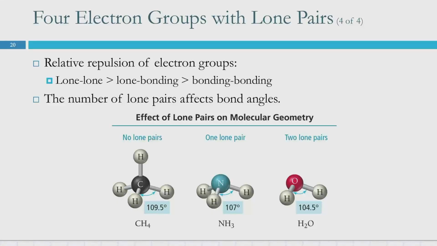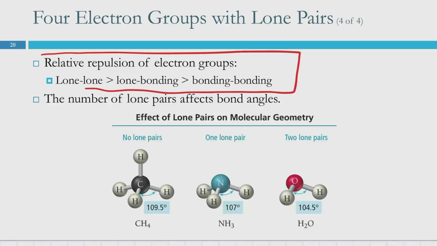In these structures, we've got different repulsion between our electron groups, and this is important for coming up with some of our more complicated shapes. So our relative repulsion of electron groups: lone pairs, because they're more spread out, they're not nice and neat between 2 atoms, exert more repulsion. So when they're figuring out what their shape is, they're going to pick the lowest stress, the lowest strain form that they can.